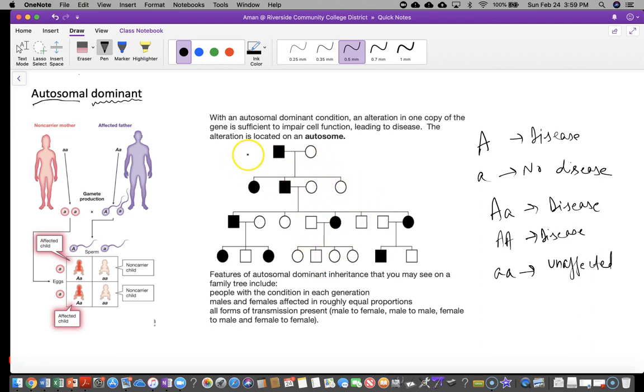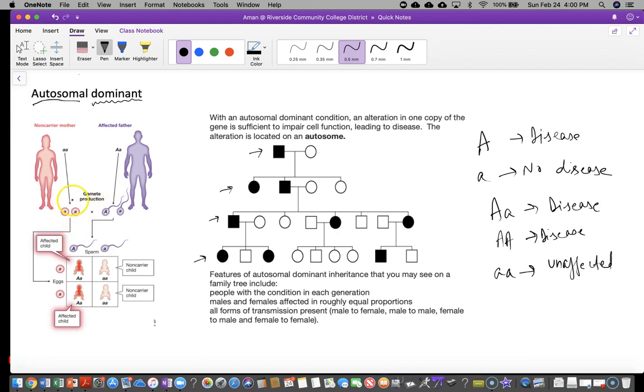Now, especially for pedigree analysis of dominant autosomal disease, guys, you're going to see that all the generations are affected. So there's no skipping of generations like there was in recessive disorder. Now, let's go back to this example. You've got a mother who is not a carrier, that means small a, small a, and then capital A, small a is the affected father.